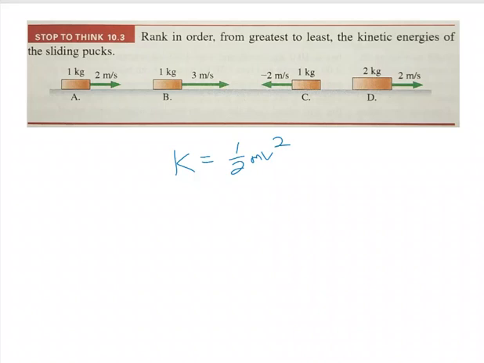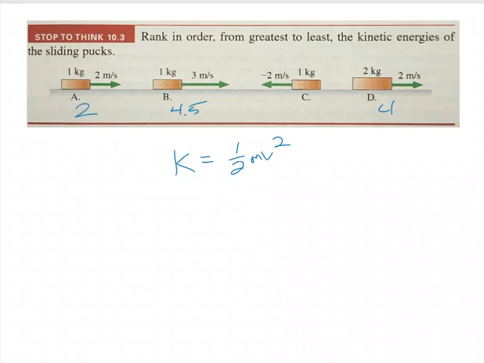Times 0.5. So 9 times 1, but half of that, so the other one's 4.5. D is 4, because 4 times 1 is 4. And A is going to be 2.